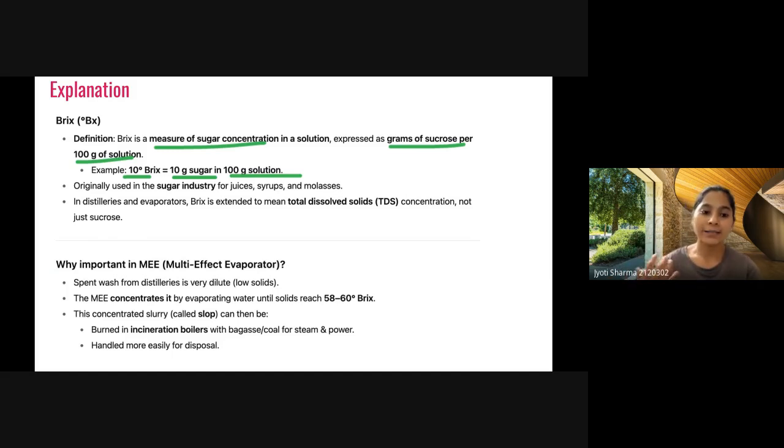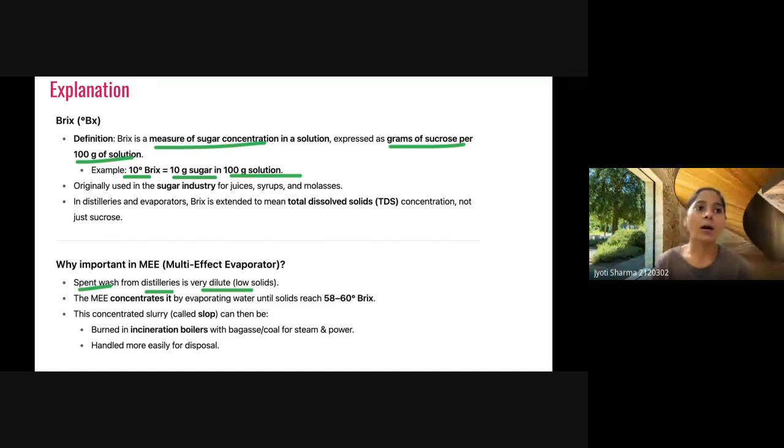Now, spent wash from distillery is very dilute. It means we have a huge amount of wastewater that has a very small amount of sugar.